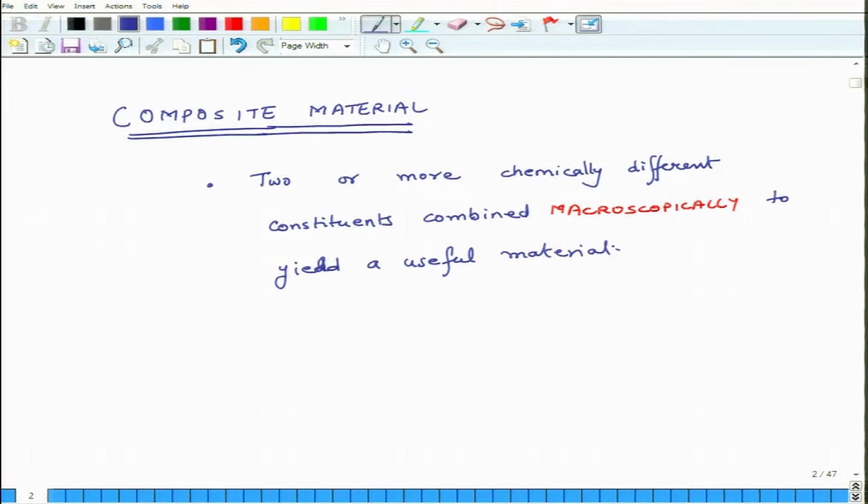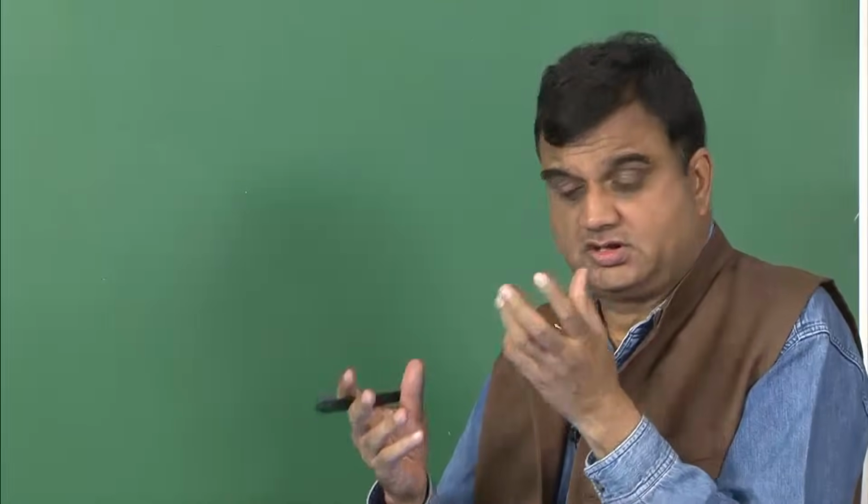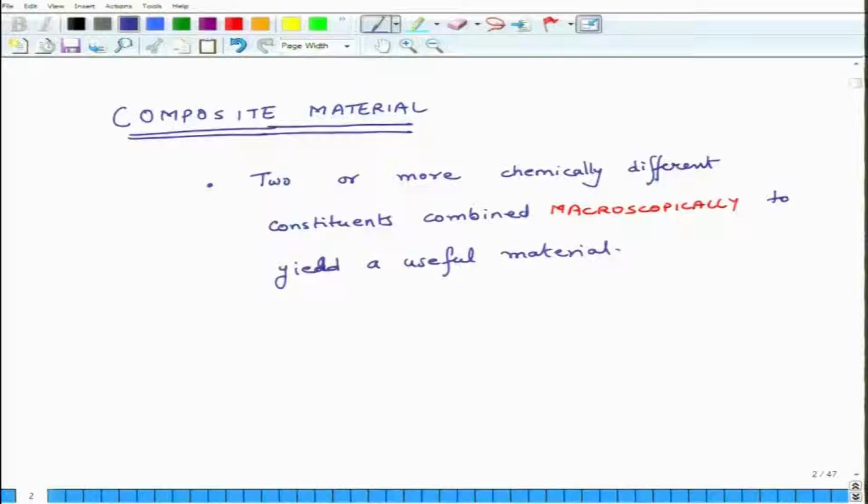So, I call any material a composite material if it has two or more chemically different constituents. The chemical structure of different constituents should be significantly different, and when I add them up, they should be added at a macroscopic level, not at a molecular or a crystal level. And then of course, when I mix, I should get something useful out of it, otherwise it is just an exercise.